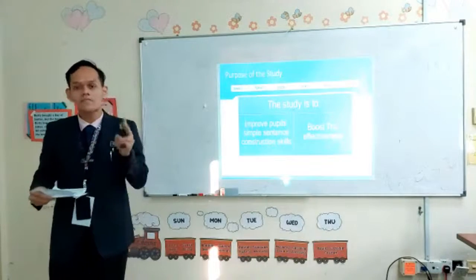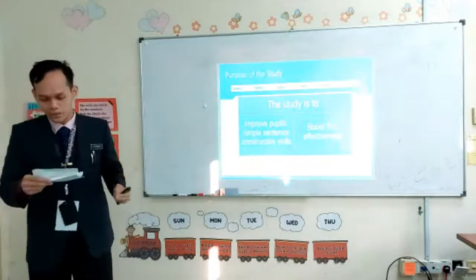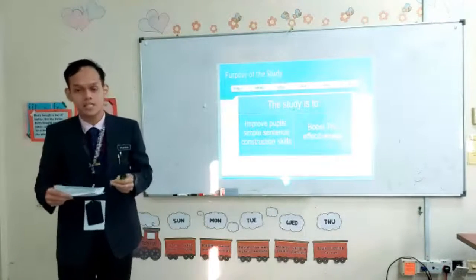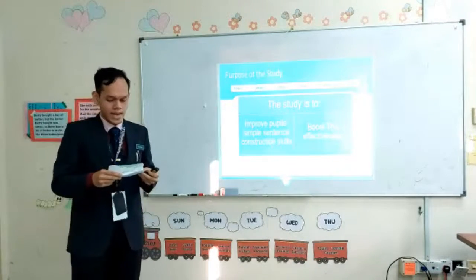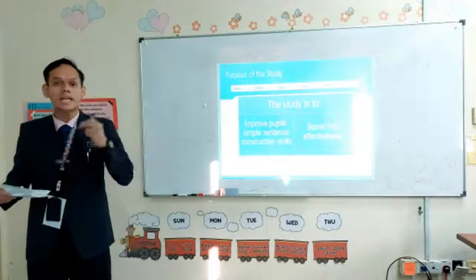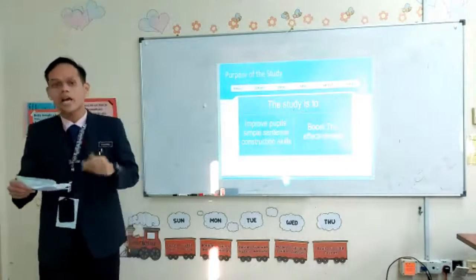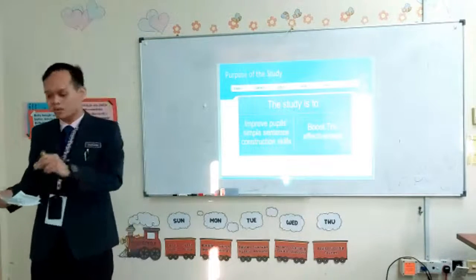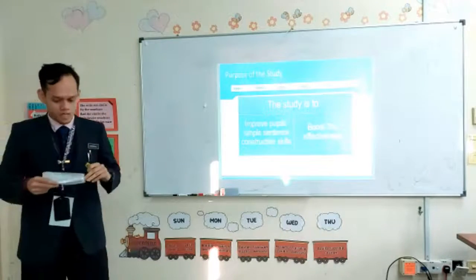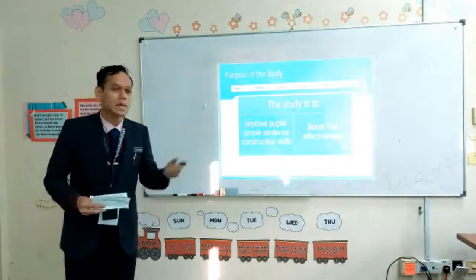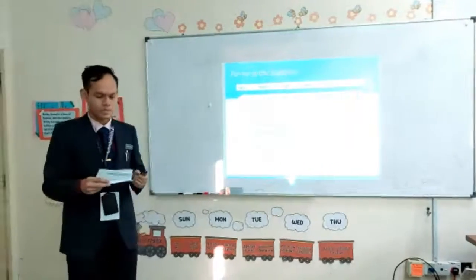There are two purposes. First, to analyze and overcome the issue of Year 3 pupils constructing simple sentences, obviously. And second, to apply the intervention to boost the effectiveness of teaching and learning, and surely students can improve their writing skills by the use of the intervention.